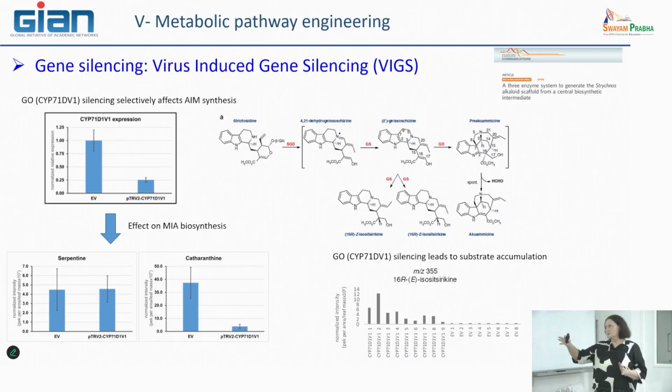It is not the only work that has been done, but step by step, by verifying the production of intermediates, we found where this enzyme acts in the metabolic pathway.